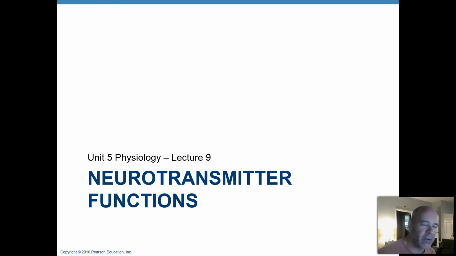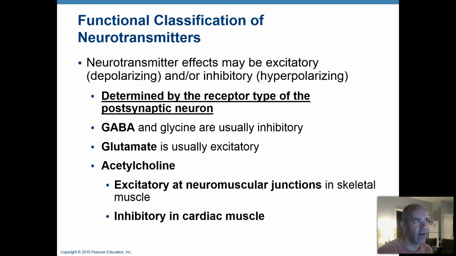All right, so in the last video clip, we learned about some of the variation among the different types of neurotransmitters that are produced by neurons, based on some of their chemical classification. And here I'm just going to show you that different neurotransmitters can have different functions.